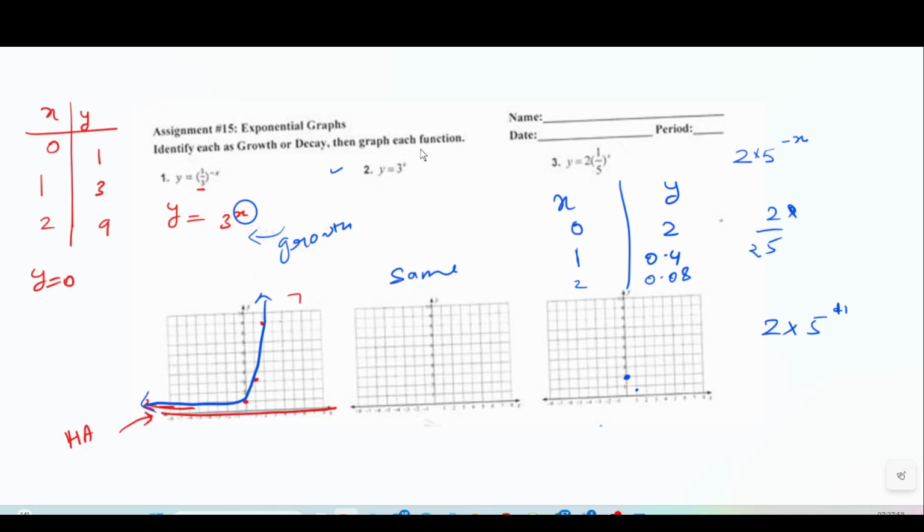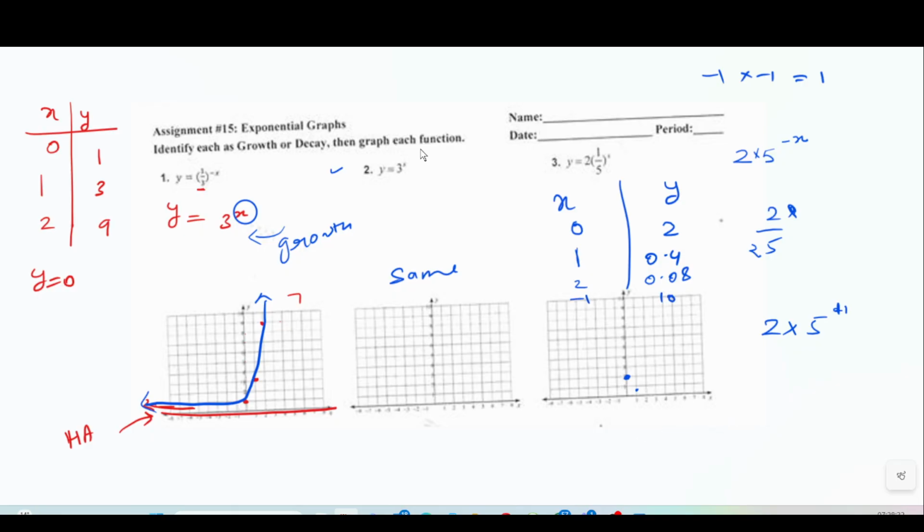What do you mean negative negative becomes positive? 2 times 5 to the power negative x, and I'm putting negative 1, so these two negative signs become positive. Negative 1 times negative 1 is positive 1. So it'd just be 10. Yes, negative 1 is 10.